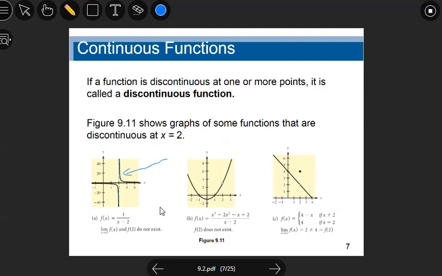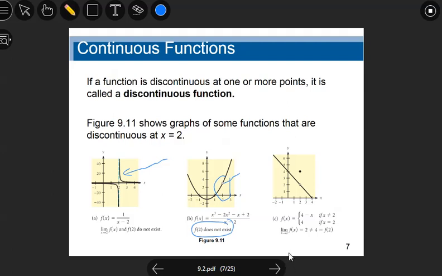Now let's move to part B. If we look at part B, clearly you can see that when x is equal to 2, this point doesn't have any value, so f(2) does not exist.